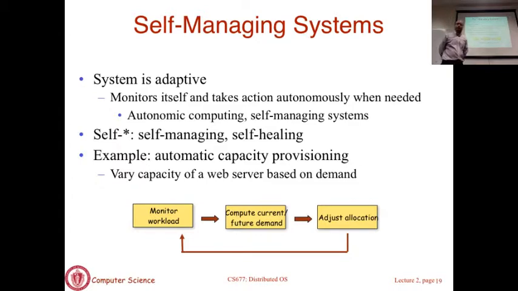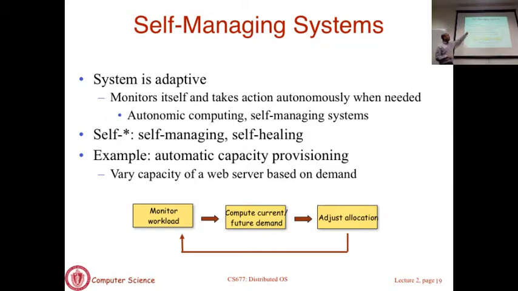But the main takeaway of what self-managing systems do is they don't necessarily rely upon human administrators to decide what to do when there is an issue or a problem in the system. They have the intelligence to figure out that there is a problem, number one, and number two, find ways to deal with that problem without even having an administrator decide what is the right solution for this problem.